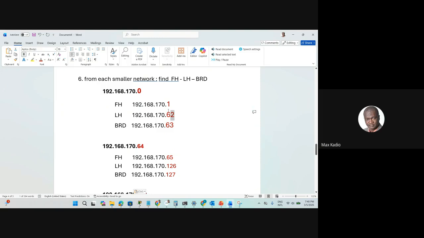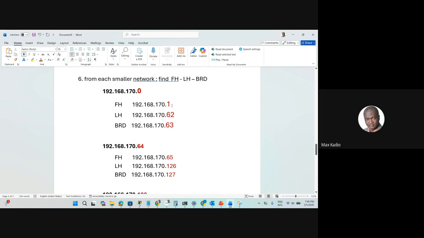111, do you think it can fall here? Because here it is 170.1 until 162. So do you think here you can find 111? Yes, I think the first one.